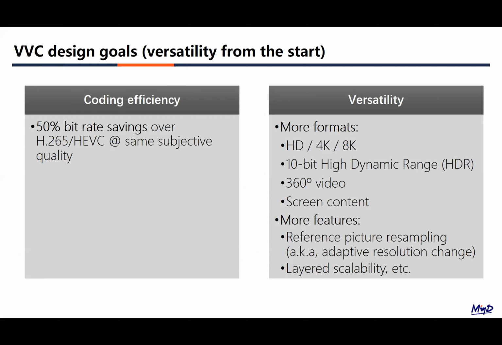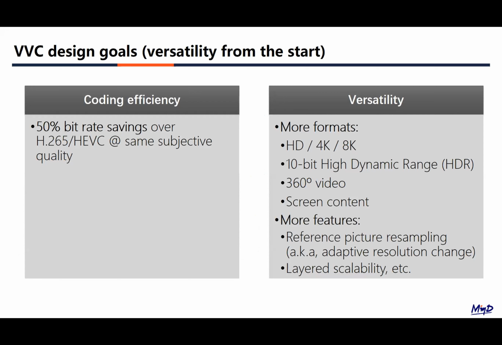So basically, as we saw in the CfP, we consider different types of video content. So the VVC design goal certainly included the coding efficiency aspects. We wanted that 50% bit rate reduction. But we also considered versatility from the very beginning.